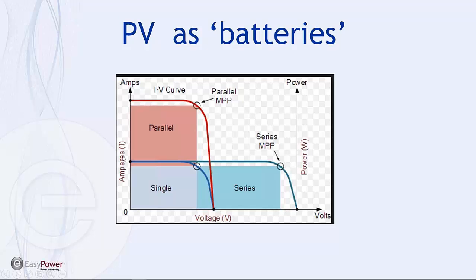So if we need additional amperage, we put more cells in parallel. If we want to generate more voltage, we put the cells in series. But in every case, we'll have a current and a voltage identified for max power, short circuit current, and open circuit voltage.